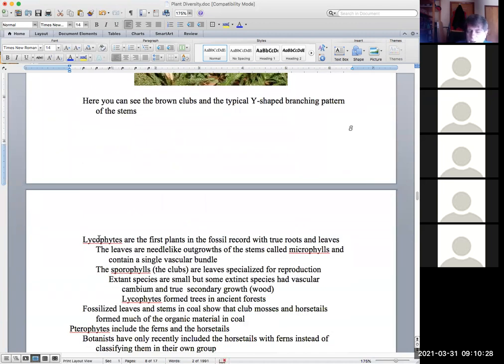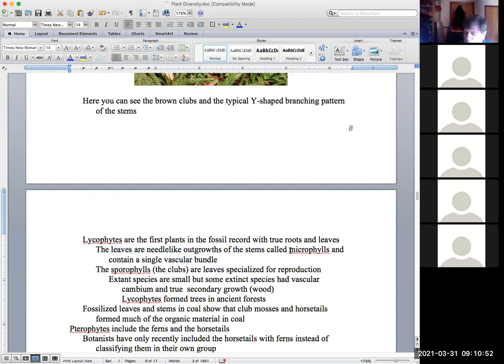When we look at the lycopods or lycophytes, these are the first plants in the fossil record that have true roots and leaves. And really the leaves are similar to the needles that we see on some pine trees, and they grow out of the stem.